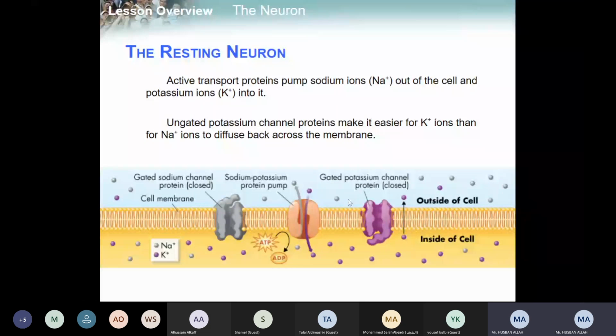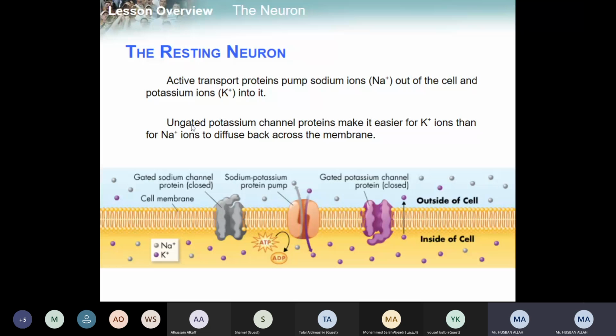So the ion with more concentration inside is pumped out, and the one with more concentration outside is brought in, opposite to the concentration gradient. Because it is against the concentration, it requires energy. You can see here.